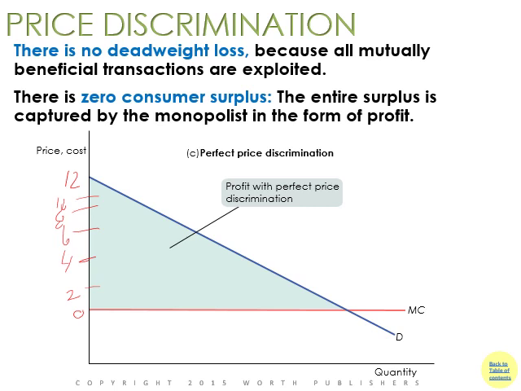If they charge $12 a ride, consumers choose to go on no rides. If they charge $6 a ride, consumers are going to go on, let's say, 4 rides. If they charge $2 a ride, consumers are going to go on, say, 8 rides. And if the price is $0 per ride, they're going to go on 10 rides.